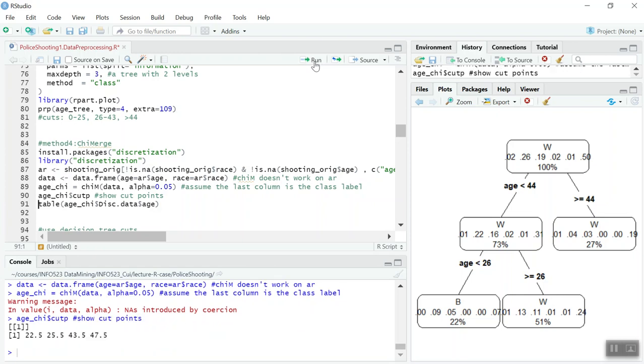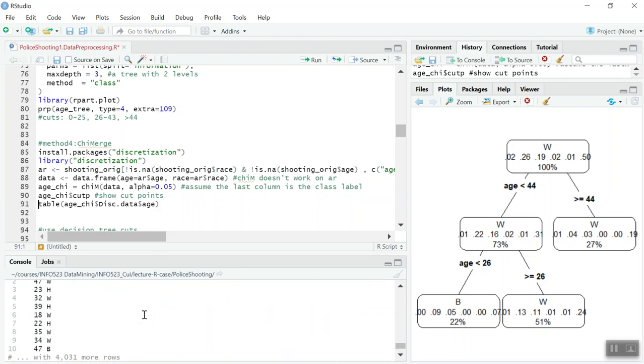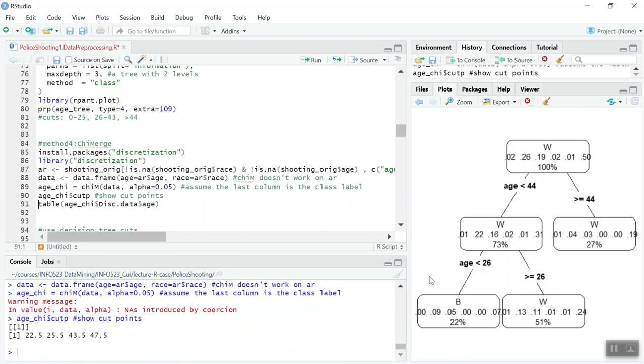And show the cut points. So here we have the cut points produced, and we can compare this to what we had before. And here we have 26 and 44.